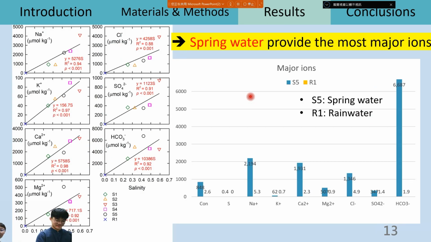Okay. Then I think you all realize that in this paper there are a lot of figures like this, where the x-axis is salinity and the y-axis is a different parameter. I think you should use one specific slide to explain the reason why you have salinity on the x-axis.